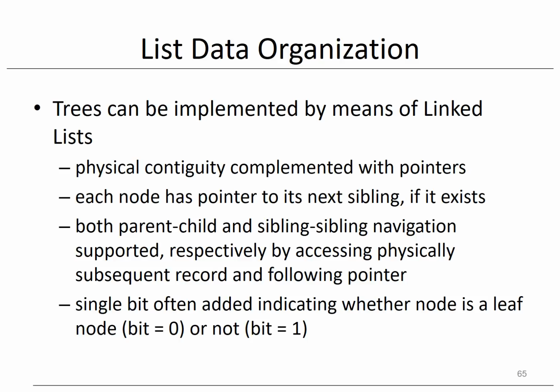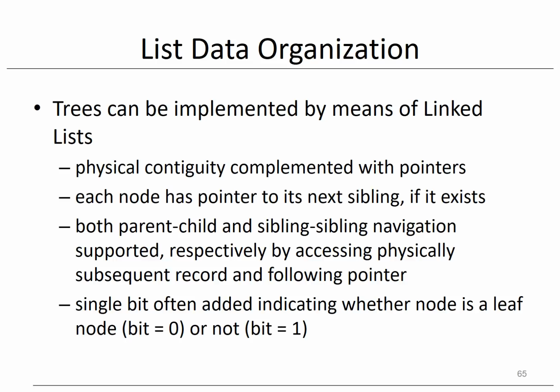A linked list can also be used to represent a tree structure. Here, physical contiguity is complemented with pointers to improve navigability. The nodes are stored in the same physical sequence as described previously, but in addition, each node has a pointer to its next sibling if the latter exists.